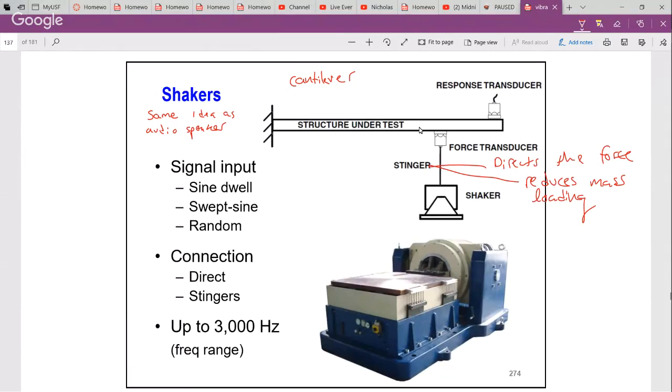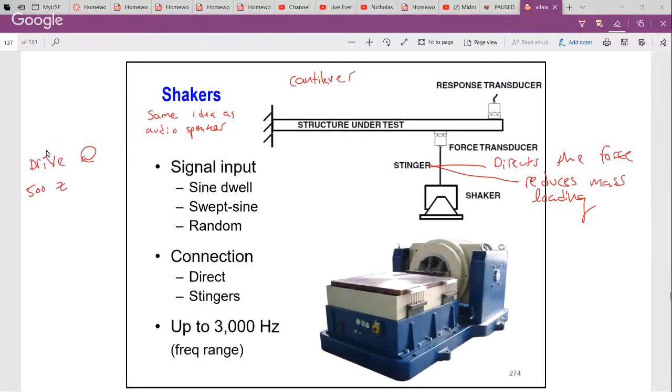We use G as a unit for acceleration. Or you could say, I want to drive it at that frequency with a peak-to-peak amplitude of a tenth of an inch, or a velocity, or specify whatever you want. Specifications for different vibration tests do exactly that. That's what's called a sine wave.